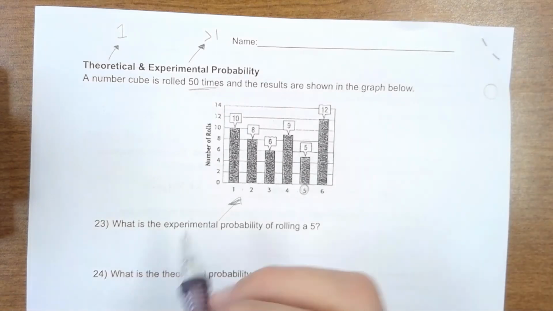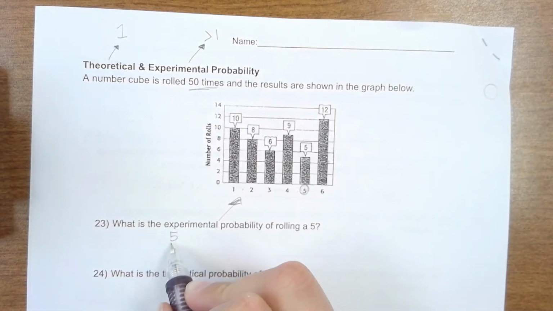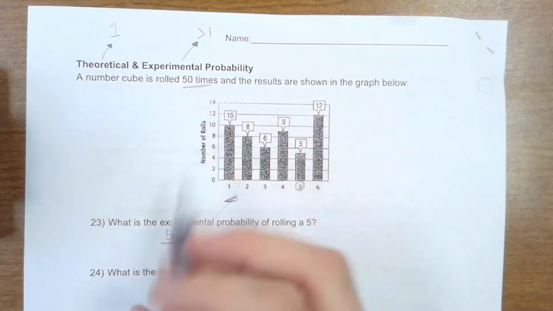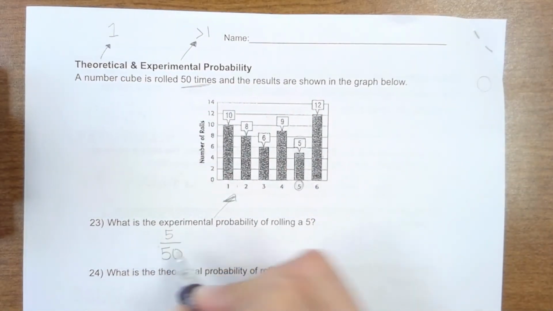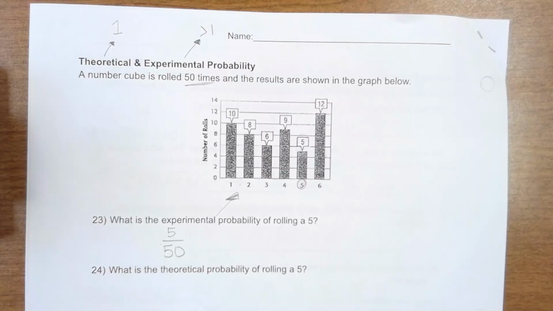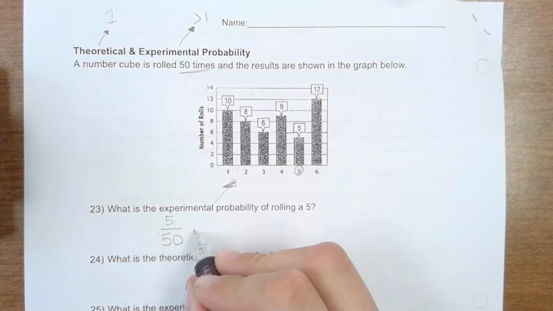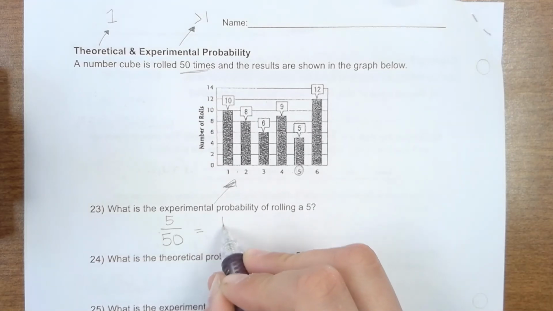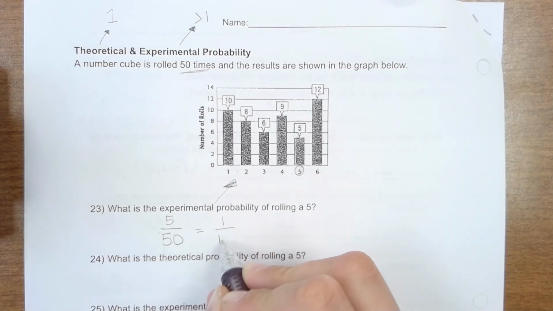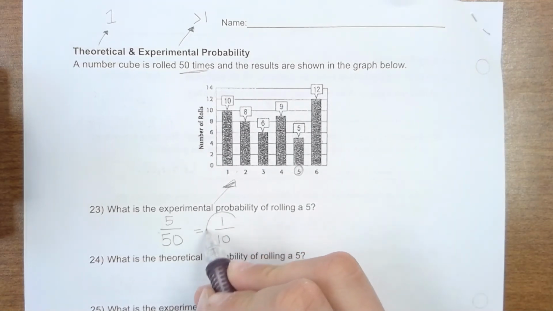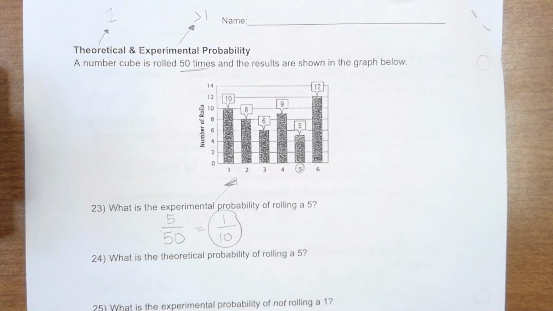So they rolled the number 5 out of 50 times. And I do want to reduce here, so 5 goes into both 5 and 50. 5 divided by 5 is 1, and 50 divided by 5 is 10. So the experimental probability of rolling a 5 was 1/10.